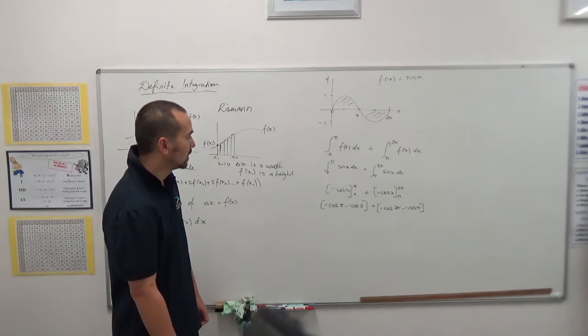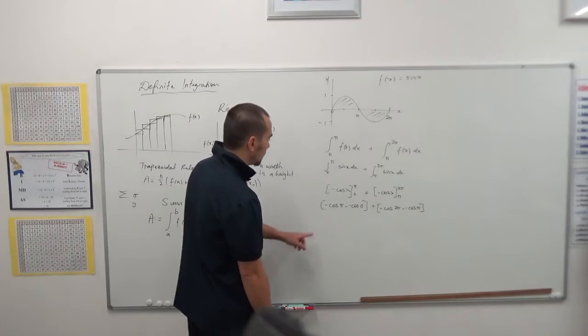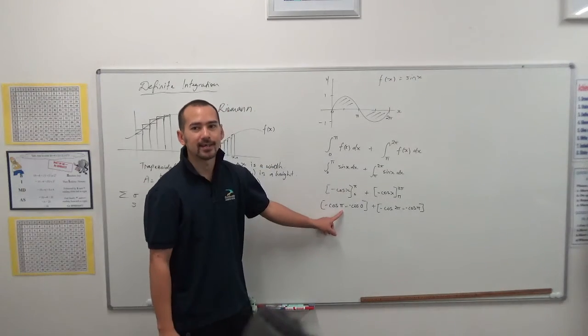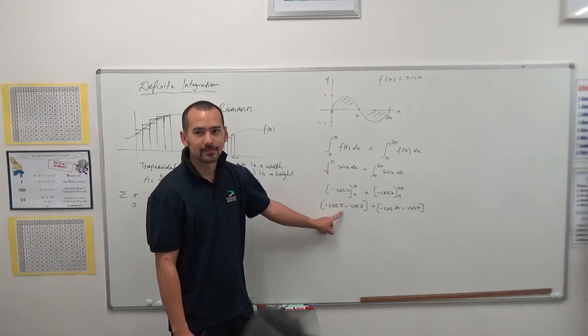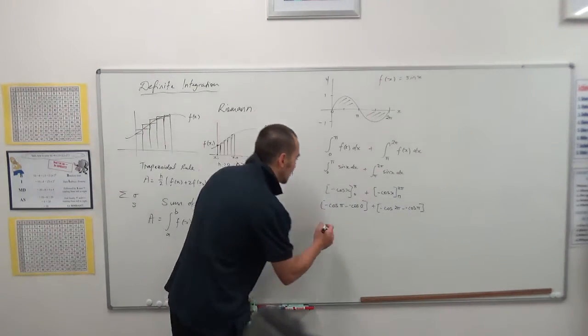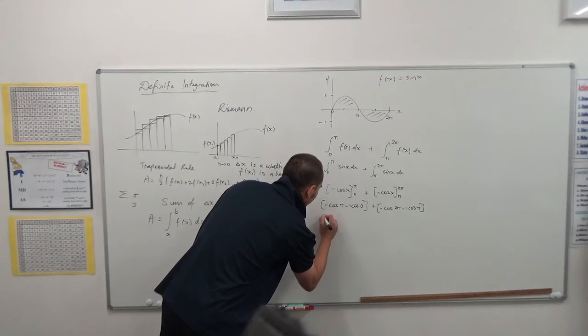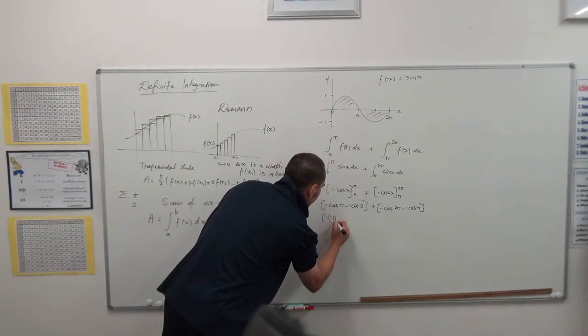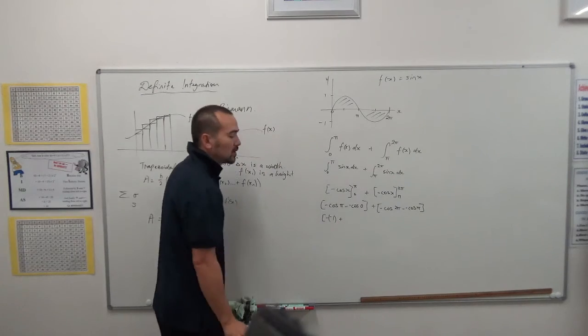Let's see what this comes up with. So what is cosine pi? Negative 1, good. So this is negative 1 plus cosine 0.